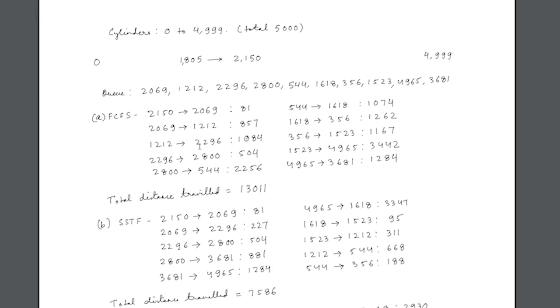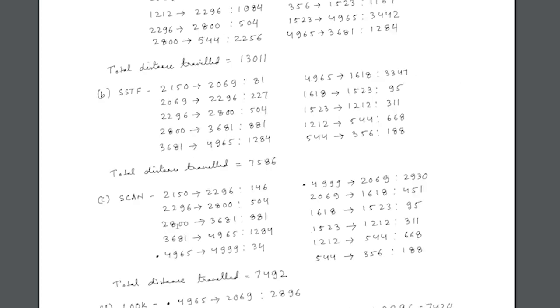SCAN would go to the requests in an order as if the requests were sorted in increasing order. If you take the queue and sort it, you would have 356 on the left and 4965 on the right. The disk heads are going from left to right, and whatever is coming in their way, they're servicing. So at 2800, they're going to go to 3681.